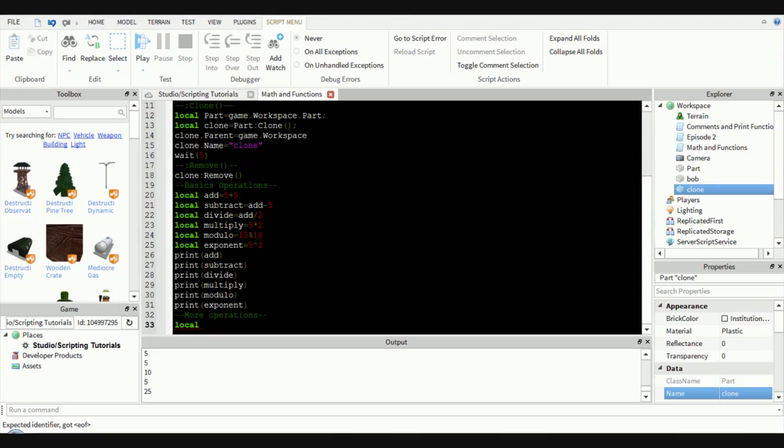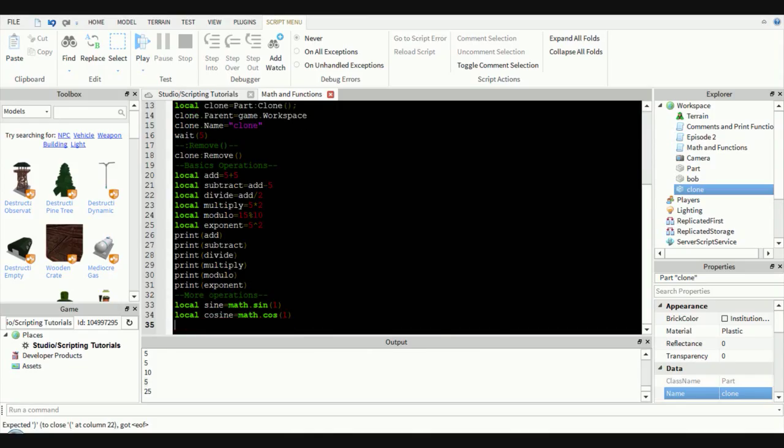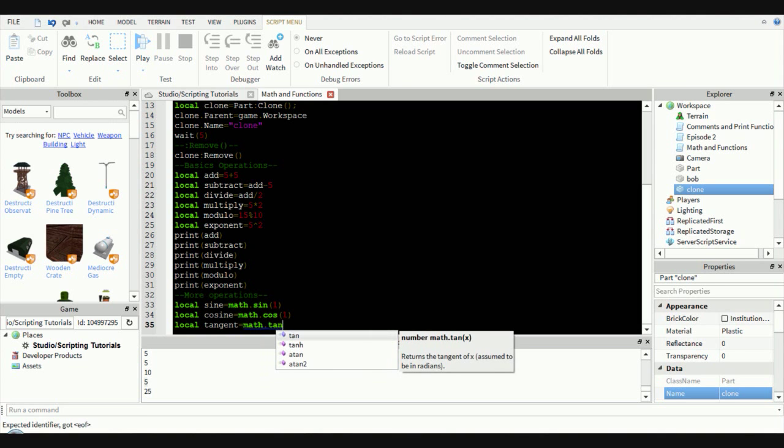So for sine, you would do local sine equals math.sin, and let's do 1. And then for cosine, you would do local cosine equals math.cos 1. And then local tangent equals math.tan.